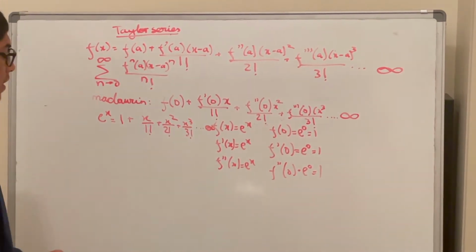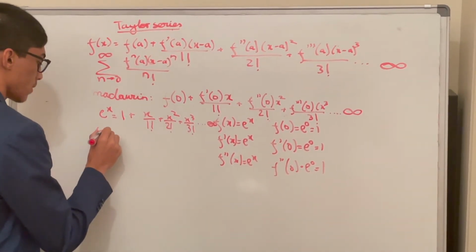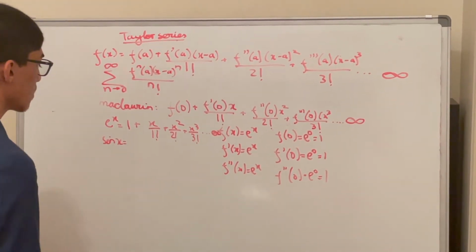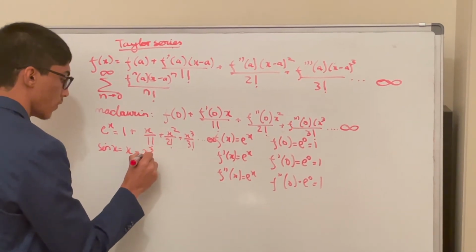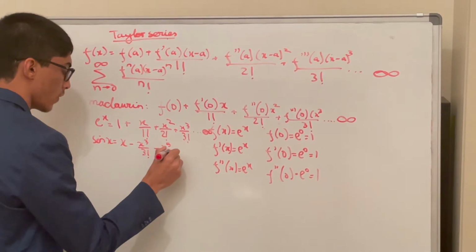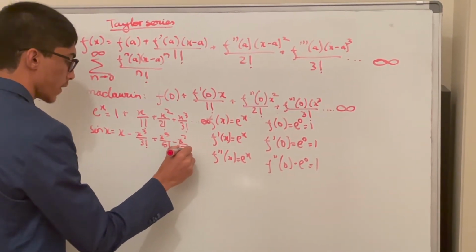And the Maclaurin series can also be applied to sine x. The expansion for sine x is x minus x cubed over 3 factorial plus x^5 over 5 factorial minus x^7 over 7 factorial to infinity.